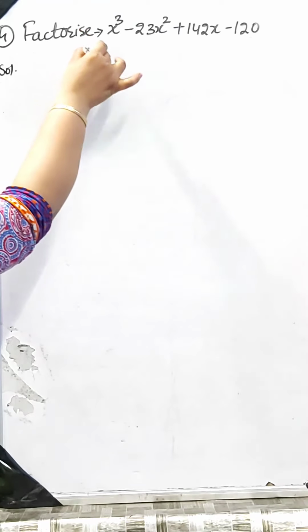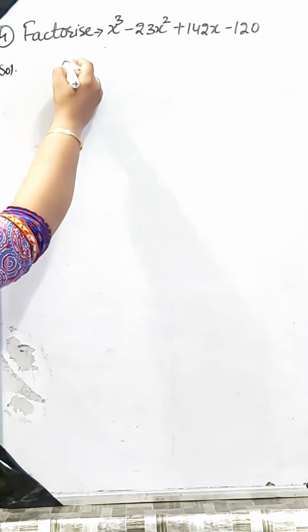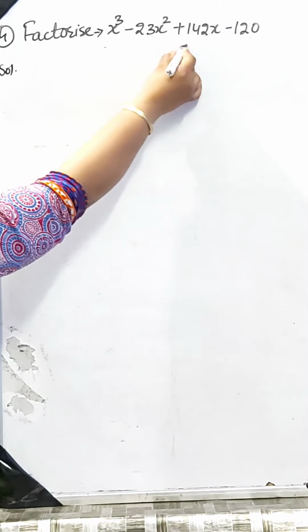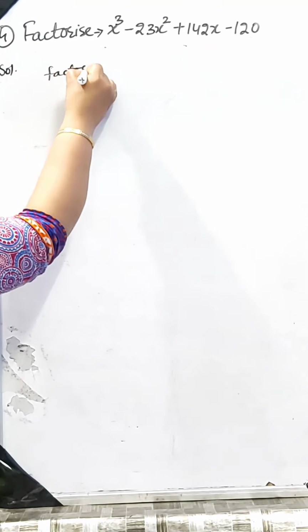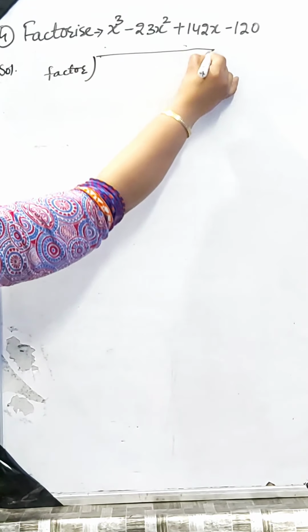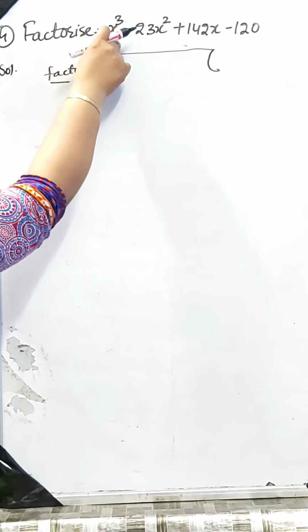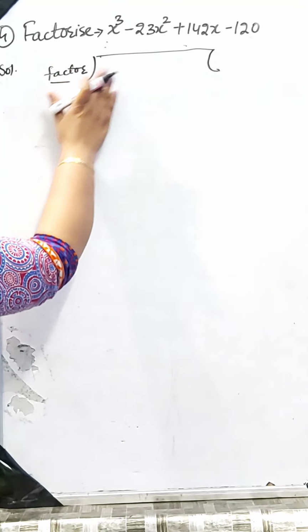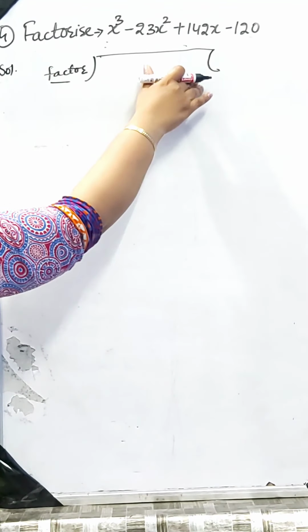To factorize this cubic polynomial, first of all we have to find one possible factor of this polynomial. After finding one possible factor, we have to divide the given polynomial by that factor to find the remaining two factors.